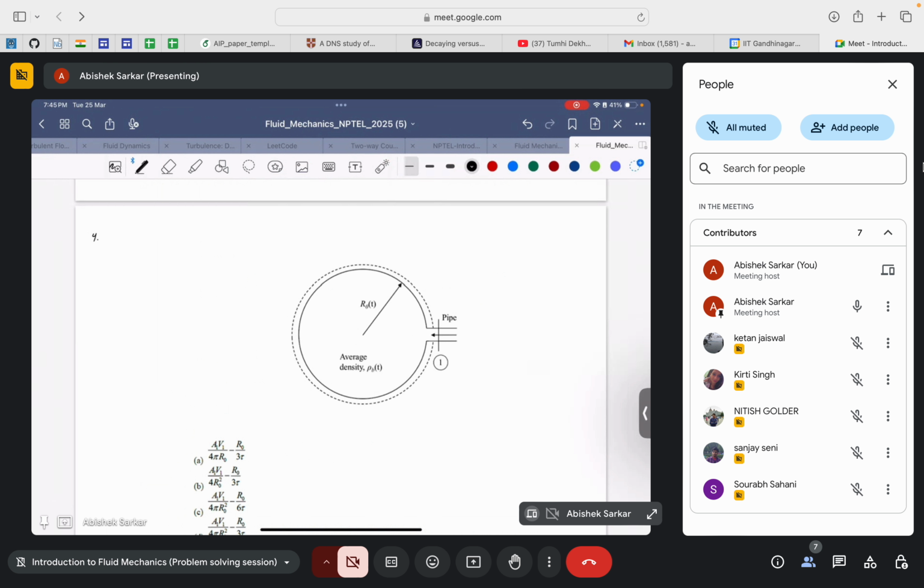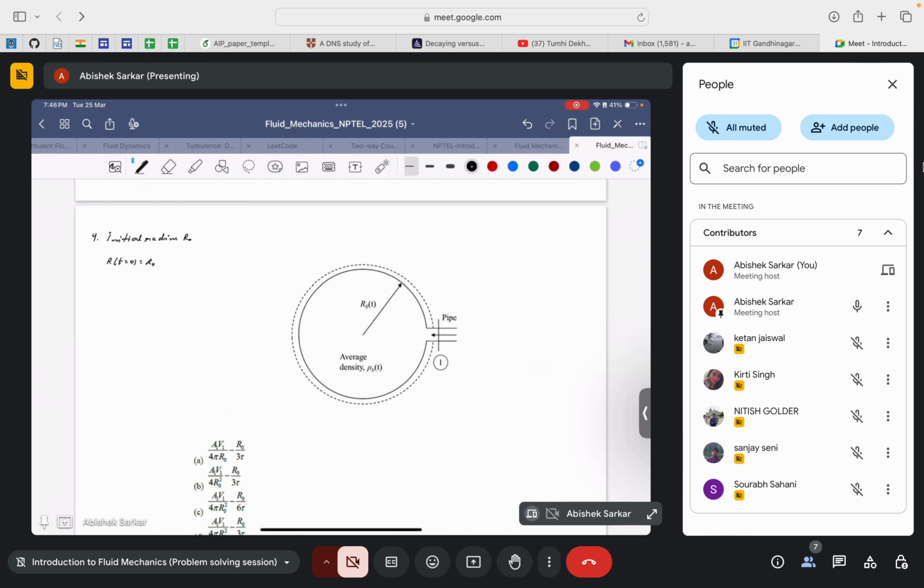So it's a spherical balloon with the initial radius of R0. Okay, so it essentially means that R at t equal to 0 is equal to R naught. The air is being pumped through section 1, as shown, where the area is A1.